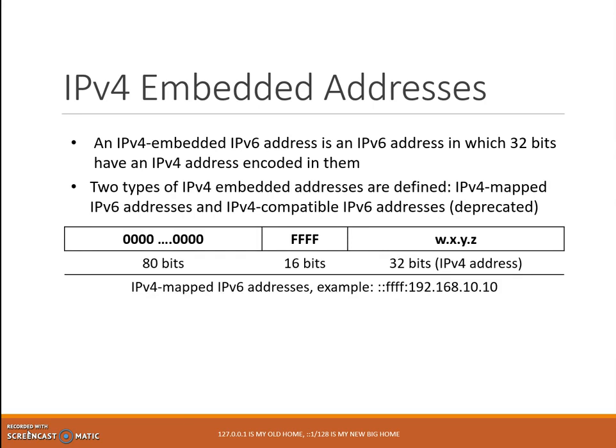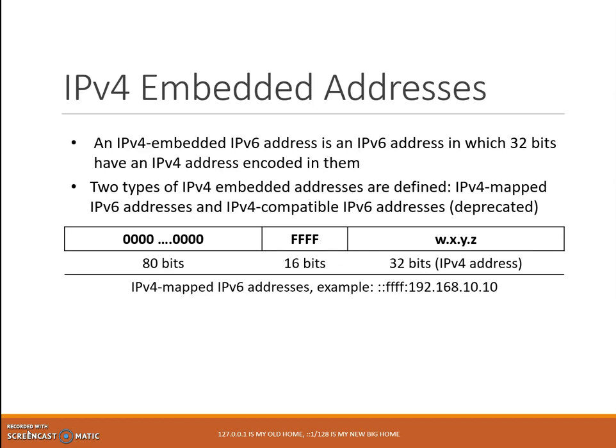Regarding the IPv4 mapped IPv6 addresses type, and as shown in the figure, the first 80 bits are set to all zeros, and the 16-bit segment preceding the 32-bit IPv4 address is all ones.